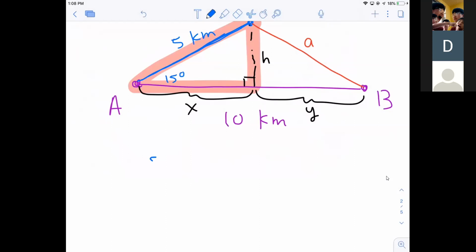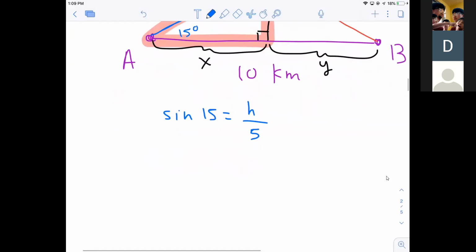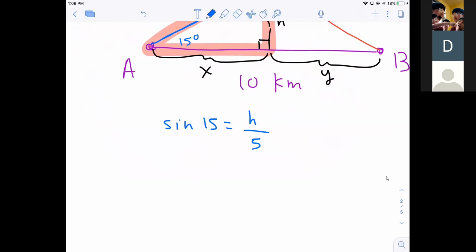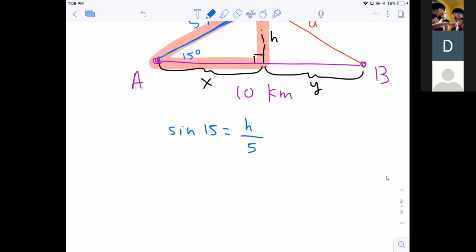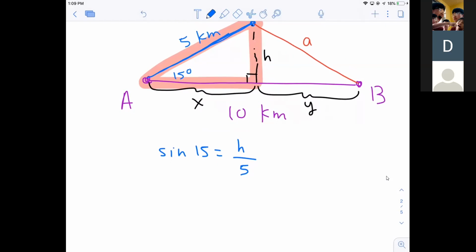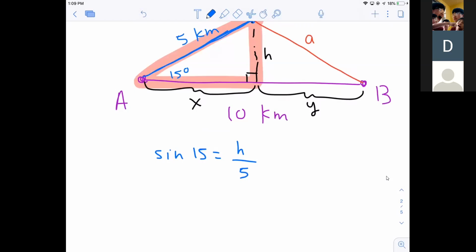So I can say sine of 15 degrees is equal to opposite, H over 5. So solving for that length of H, sine opposite over hypotenuse, all right.